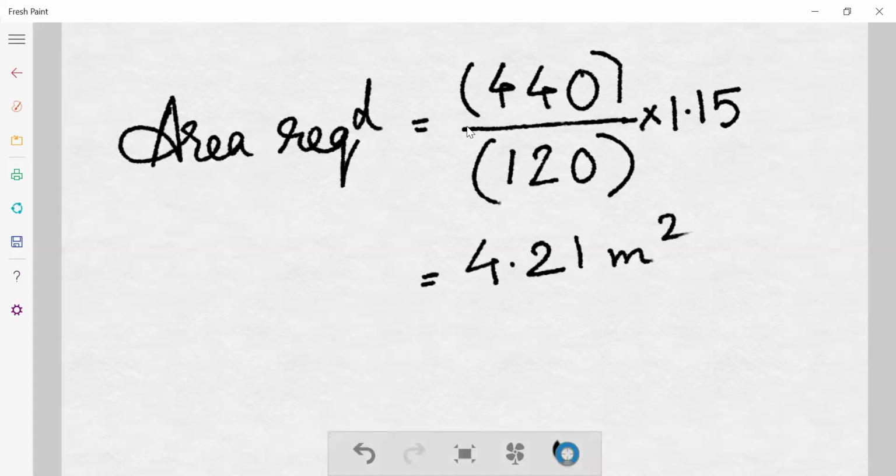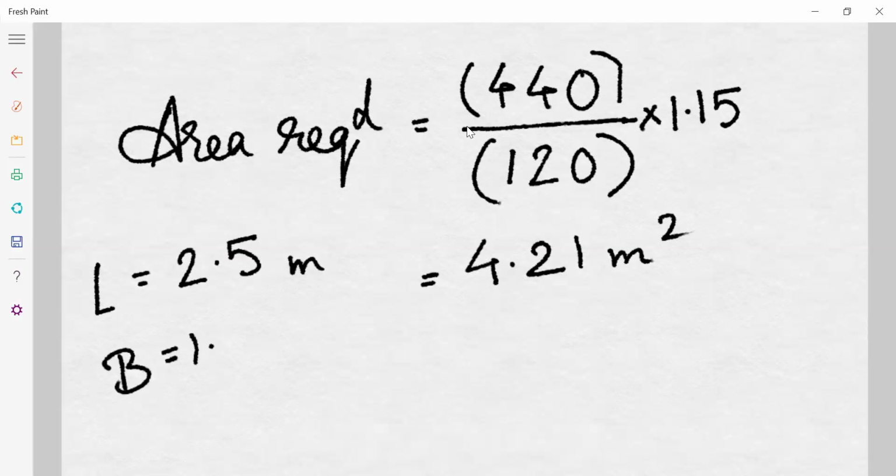meter square. So let us take the dimension of the footing a little bit higher. Let us take length 2.5 meter and width 1.8 meter for the footing.